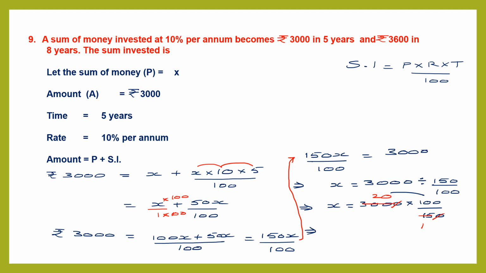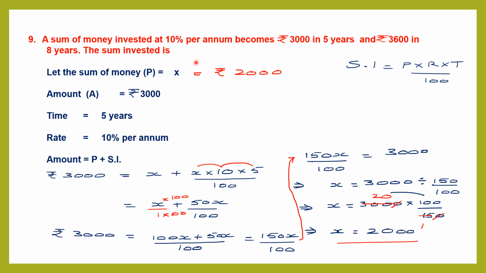That will give us the value of x. x is equal to 20 into 100, which is 2000. And what is x? x is the sum of money that we were asked to find, that is 2000 rupees. So here, with 5 years time and the amount 3000, the rate of interest 10%, we found the sum of money to be 2000. Now it also says it becomes 3600 in 8 years.